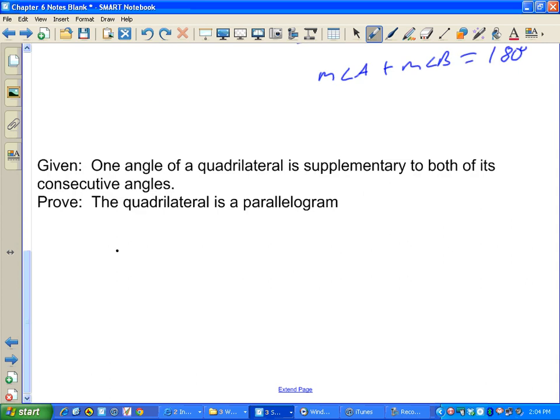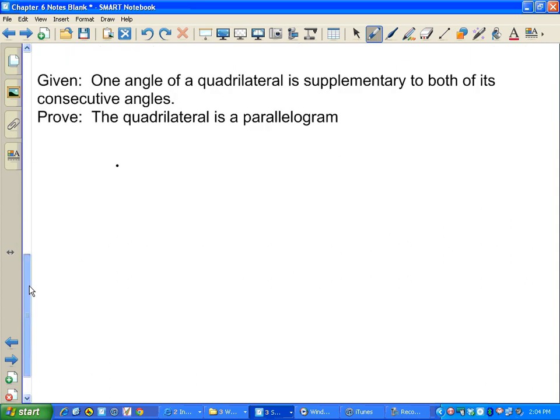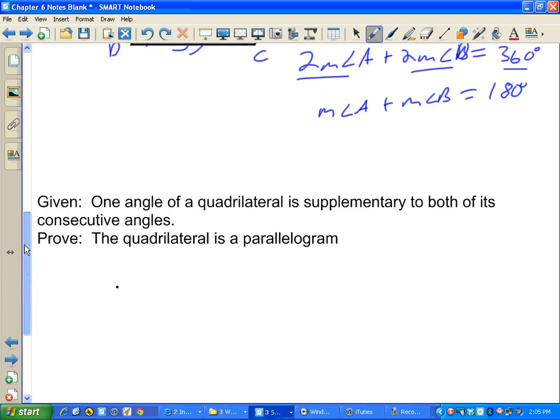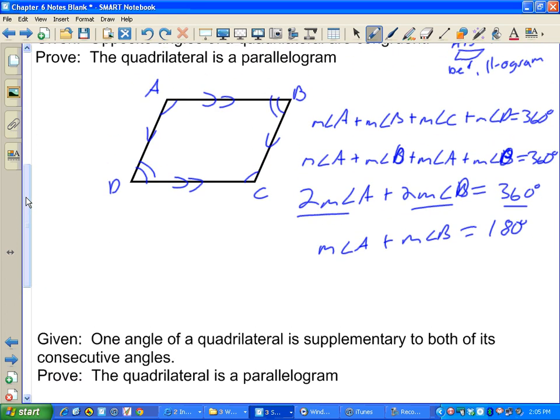So let's say one angle of a quadrilateral is supplementary to both of its consecutive angles. This one, we pretty much just went through the proof, okay? So what we're saying is if A is supplementary to both of its consecutive angles, both of its consecutive angles would be B and D. Well, we just saw that if A is supplementary to angle B, that proves that these lines are parallel.